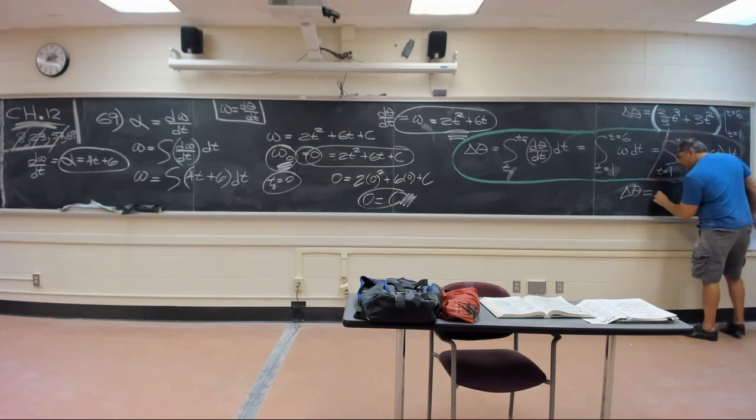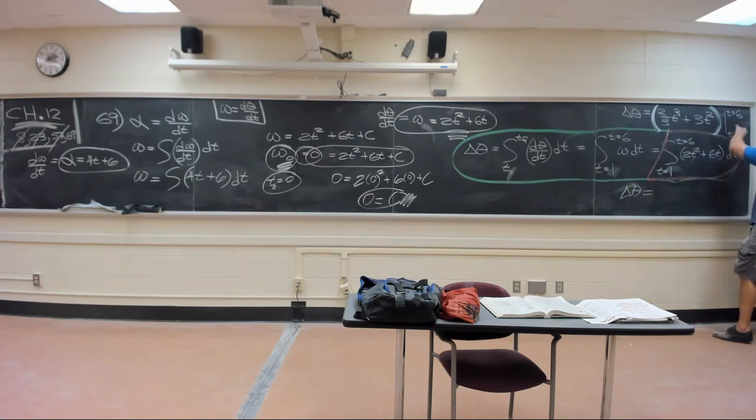Delta theta, put a 6 in here. 6 squared, 36 times 3, 108. 6 cubed is 216 divided by 3 is 72 times 2, 144.